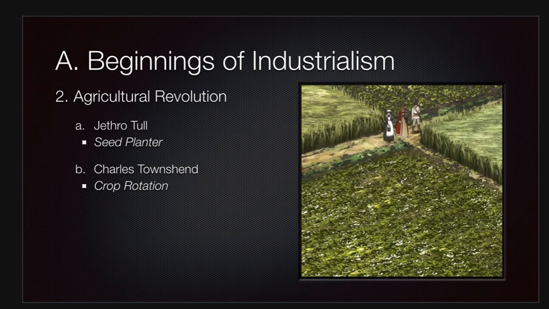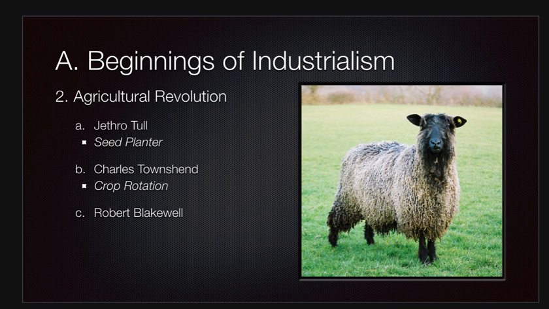Instead of leaving it empty, now you're going to use all four parts of your field, and you're going to find a crop that is a nutrient to restore some of those fertilizers that you need in your crop. And so then you'd rotate those fields, so you wouldn't plant the same thing in the same field every year. Does that make sense? Yeah. Okay. So associate Charles Townsend with that new idea.